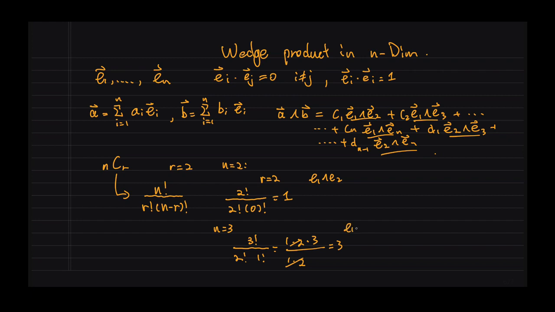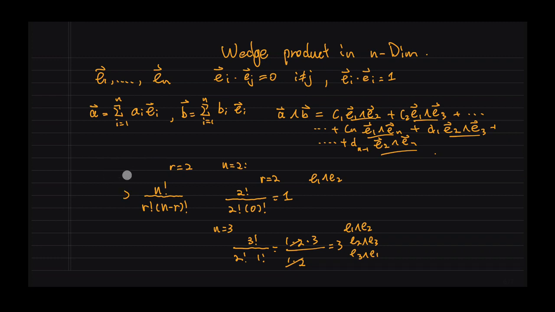It makes sense because we can only have 3 choices: E1 wedge E2, E2 wedge E3, or E3 wedge E1. So you get the idea. R is always equal to 2, regardless of dimension, and now you can work out how many bivector bases you can have in any n dimension.